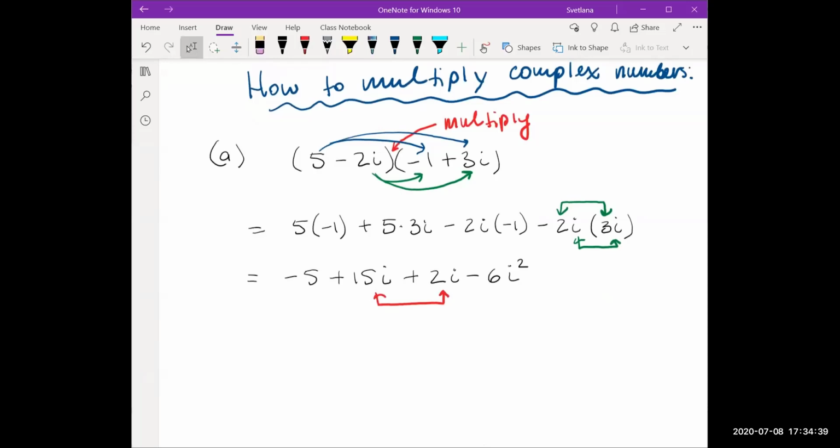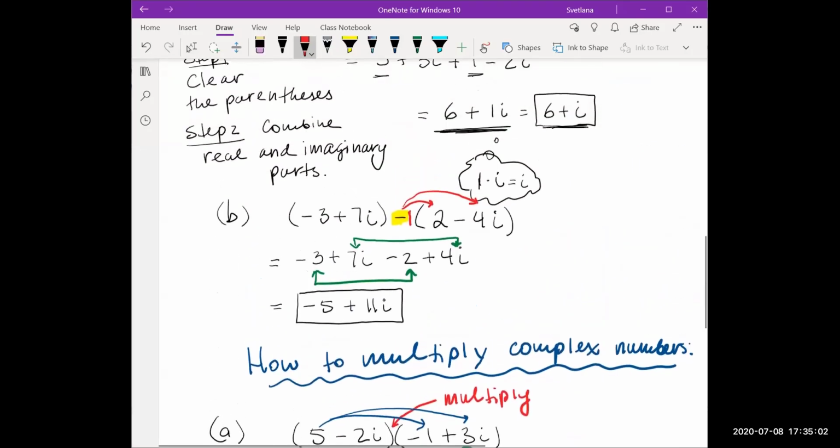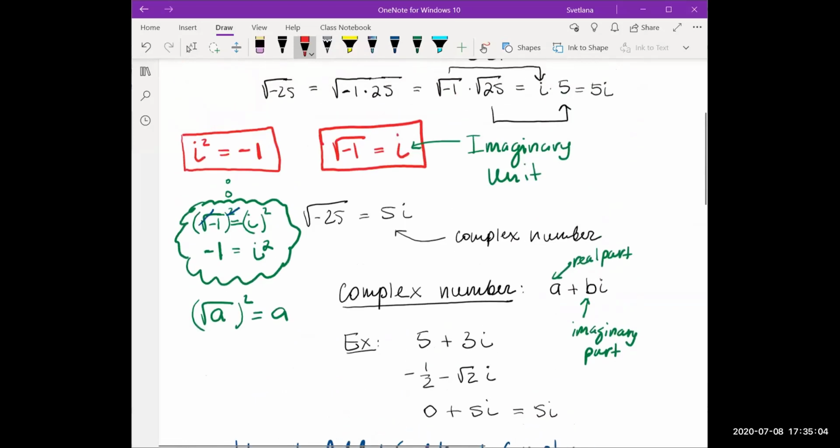Another important thing is to replace i squared by, do you guys remember what i squared equals? We had it in the box at the top. -1. -1, very good.